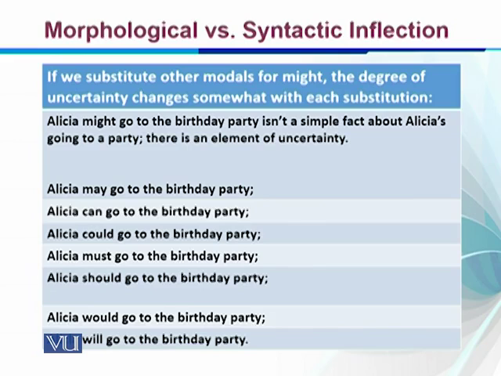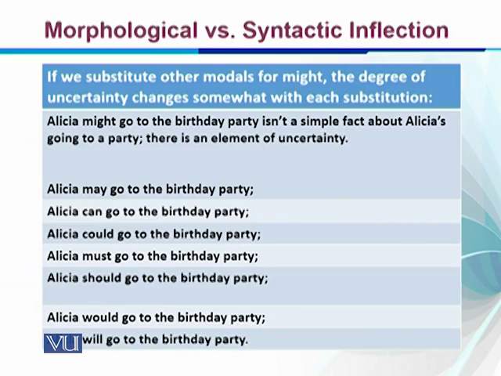So Alicia may go to the birthday party, there is less probability. Alicia can go, so there may be ability to go. Could go, past reference of ability. Must go, it's a strong obligation. So Alicia should go, would go, or will go. All these modal auxiliaries give a different state of affairs of the subject.